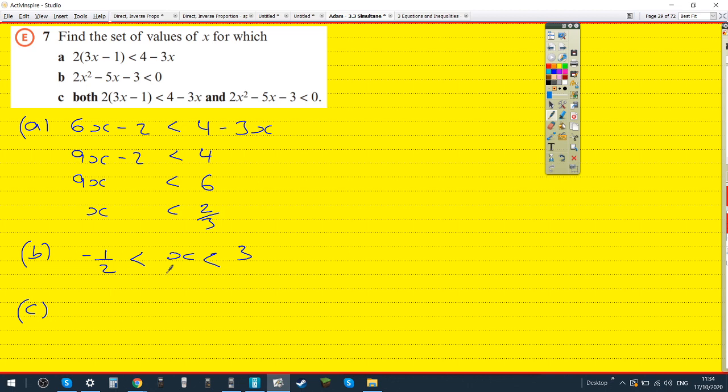Okay. So we already have the answer to the second part of C. We just need to work out. Oh no, we need to put them together. We already have both, don't we? Yep. So x is minus a half is lesser than x, and x is lesser than 2 over 3.